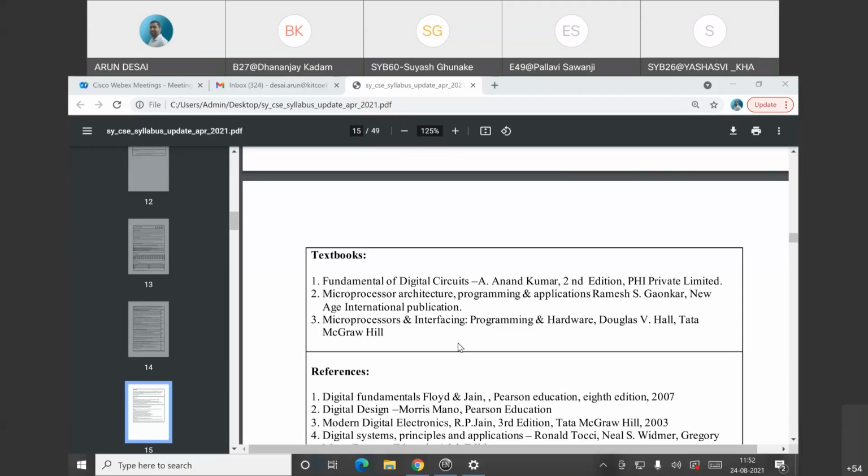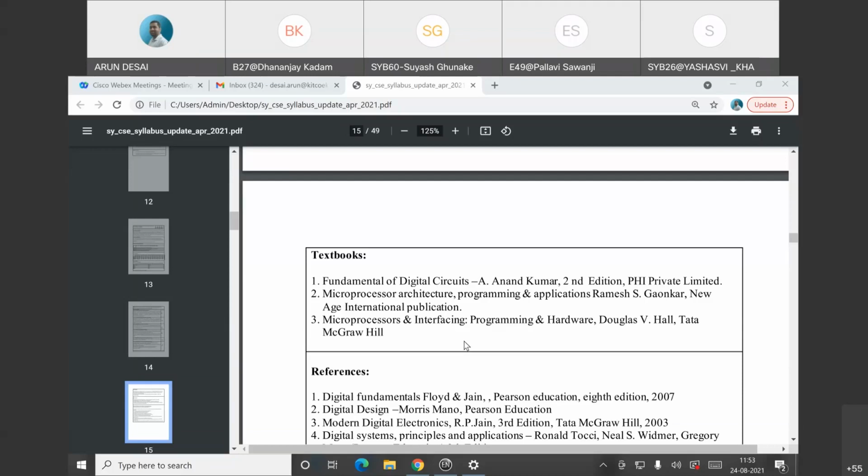So for logic design and circuits, you need to use RP Jain, and for Boolean algebra and all, you need to use A. Anand Kumar. Again, for 8085, you'll get so many documents on the net as well. Also you can use a book called Microprocessor Architecture by Ramesh Gaonkar. The 8086 part is also included in that.